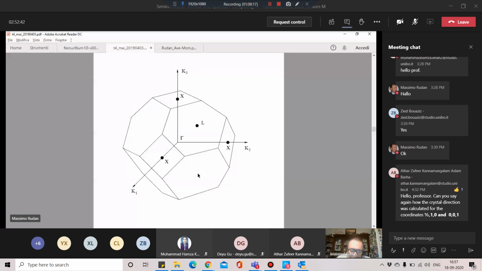It would be completely useless to go outside a period because you find the same thing because of periodicity. Okay? So many properties that we shall see in a crystal will be investigated inside the first Brillouin zone because it is an important interval of periodicity of the structure.